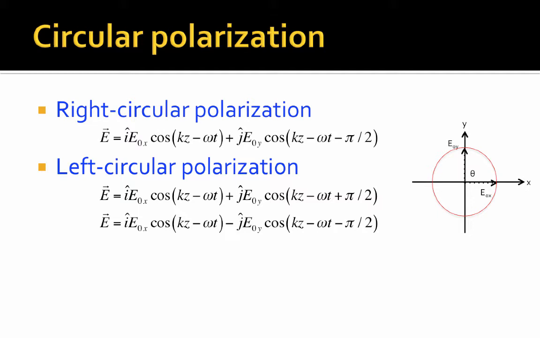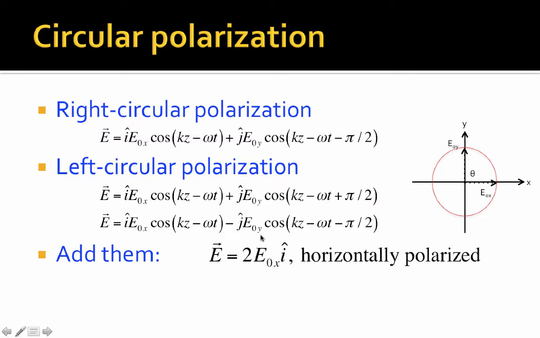And what's interesting about that is that when we add those two fields, the right circularly polarized field and the left circularly polarized field, let's see what happens. If we add the first term here, and for the left circular polarization, add the way it's written the second time, the j hat terms just disappear, and we're left with only the X term, which is horizontally polarized.